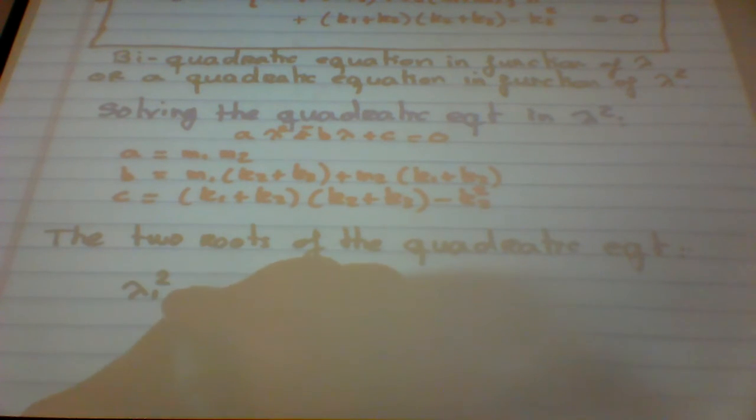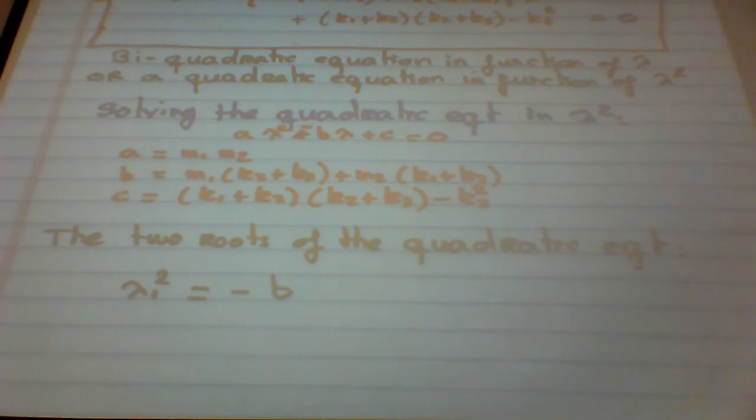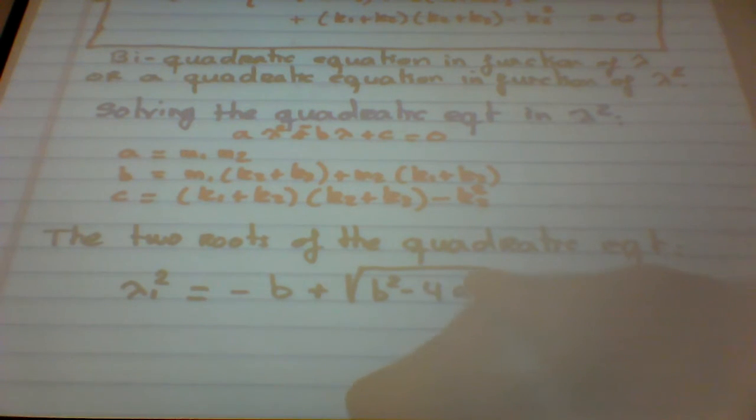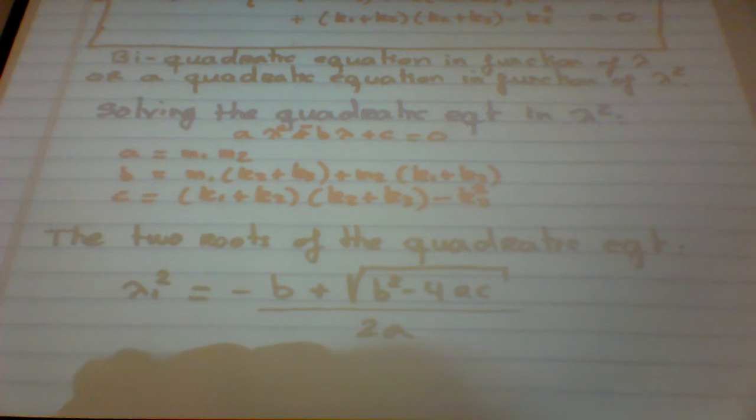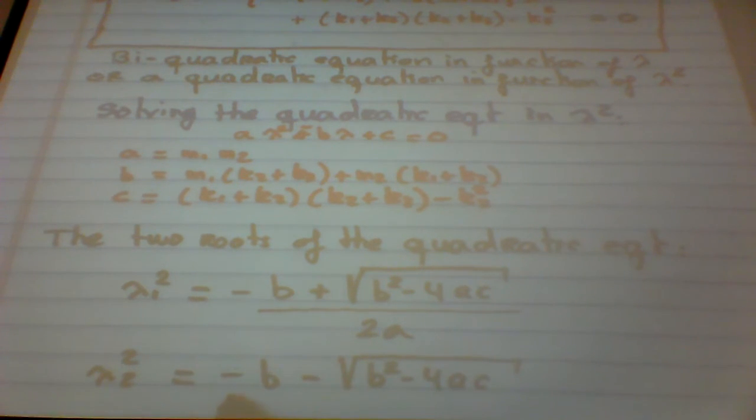Lambda 1 squared should be equal to negative B plus or minus, let's say plus, square root of B squared minus 4AC, over 2A. And lambda 2 squared would be minus B minus square root of B squared minus 4AC, divided by 2A.